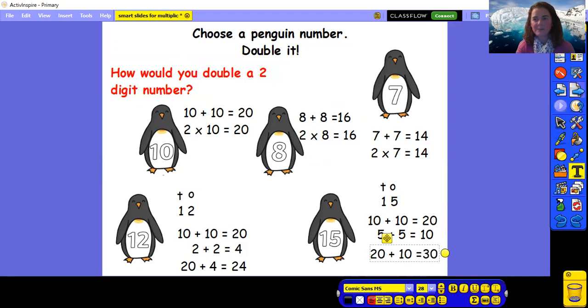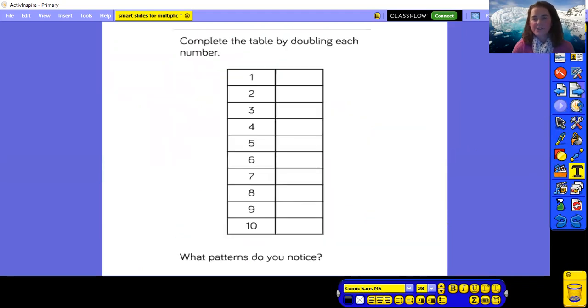Okay, so your independent challenge to do now is to complete my doubling number table. So you've got the numbers on the left-hand side, 1 to 10, and then you've got blank space, and I want you to fill that in, doubling the number. And then I want you to explain what patterns you notice.